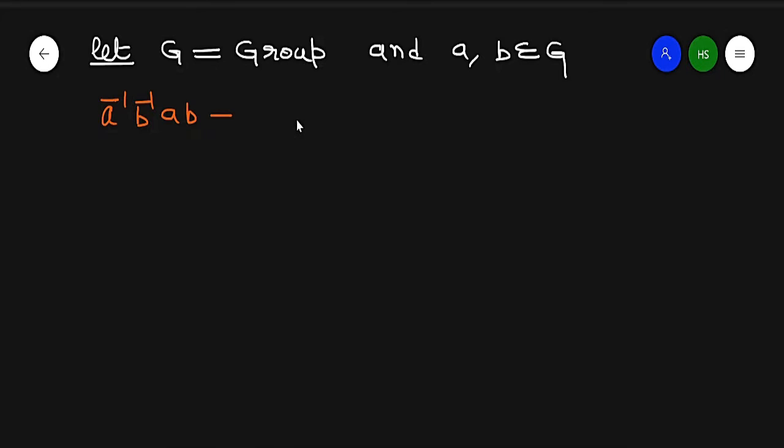This is called the commutator of elements a and b.